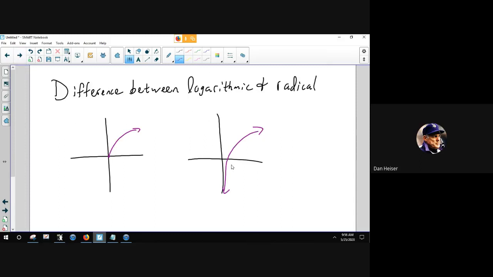A logarithmic continues to negative infinity. But notice, unless we shift it, it will always be on the positive side of the y-axis. What I mean by that is it's always going to be to the right of the y-axis. We cannot take the log of a negative number. We can't do it. It's not defined.